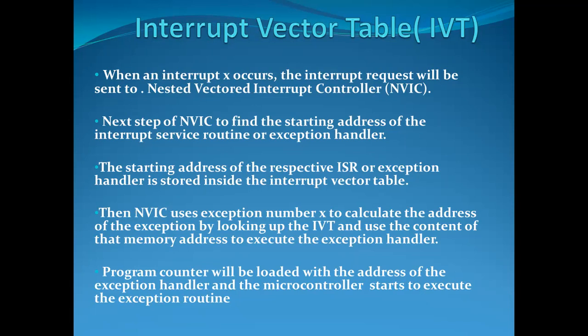The NVIC uses the exception number X to calculate the address of the exception by looking up the interrupt vector table, and uses the content of that memory address to execute the exception handler.